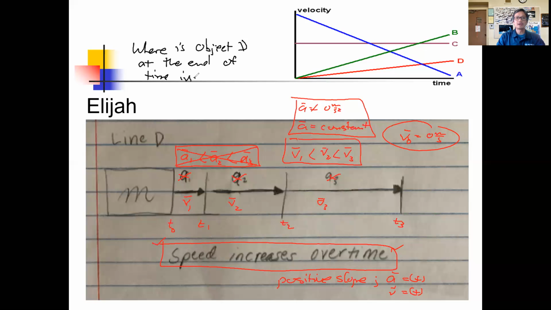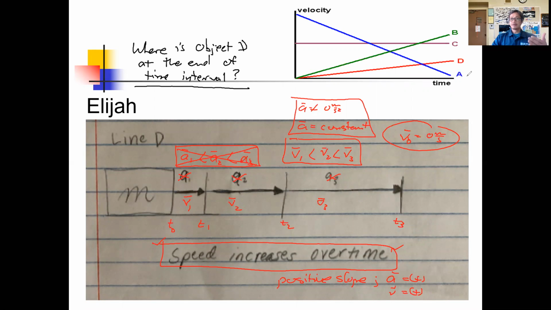So on your paper, sorry, let me erase that real quickly. The question I want to ask you, and please answer this on your paper: at the end of the time interval, where do we find D? At the end point here, where do we find D? So go ahead, real quick, jot down your answer, a few words, and then we'll go over it. Okay? Go ahead and write down your answer.